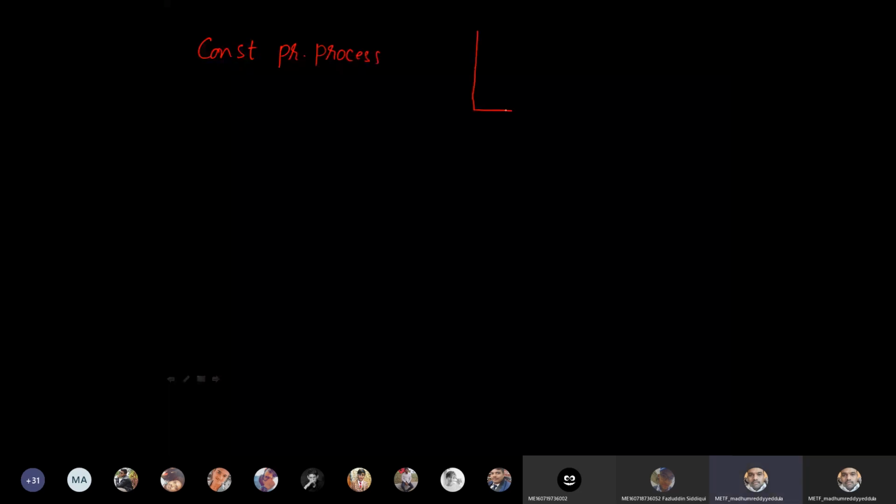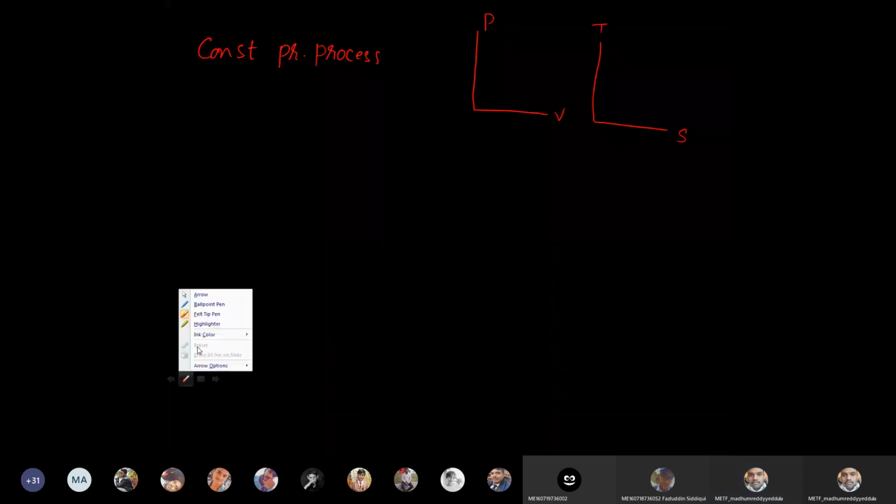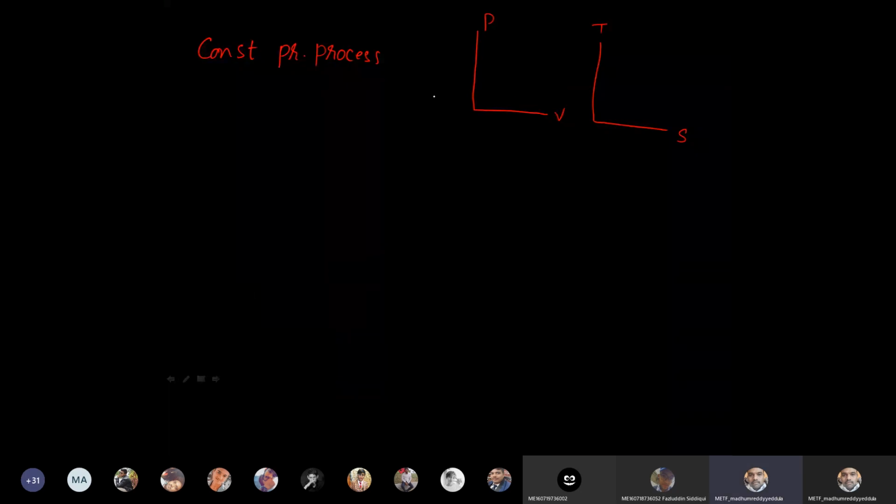So, PV diagram and TS diagram. For each process you need to draw them. While deriving, you should draw PV and TS diagrams, whatever the process may be. So for constant pressure, the PV diagram is a horizontal line.